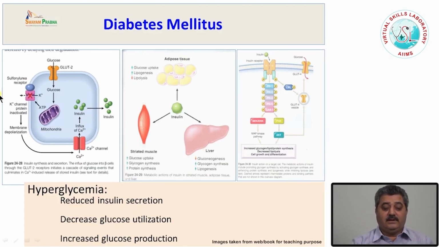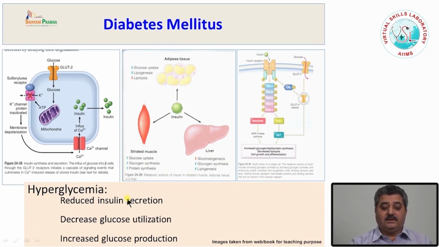Diabetes mellitus, as we know, is characterized by hyperglycemia. Basically it is an abnormality of glucose. Glucose is regulated by the insulin secreting cells, that is, the insulin hormone. Glucose metabolism is also affected by other hormones, for example glucagon.